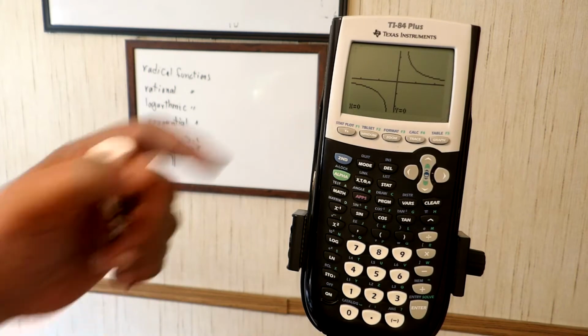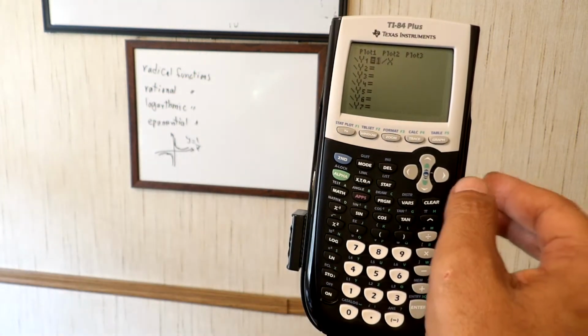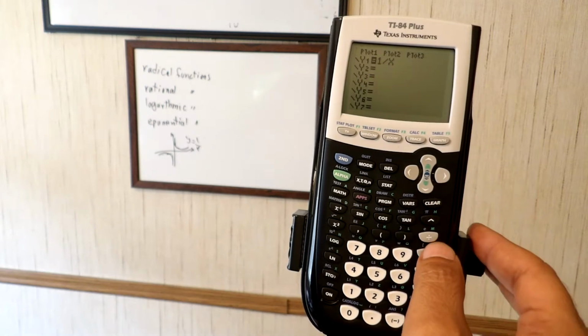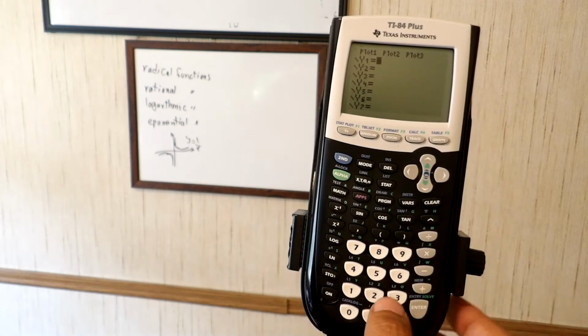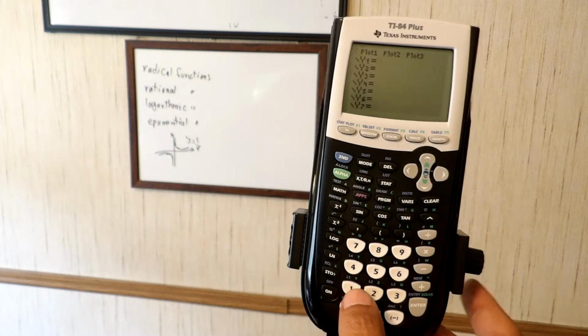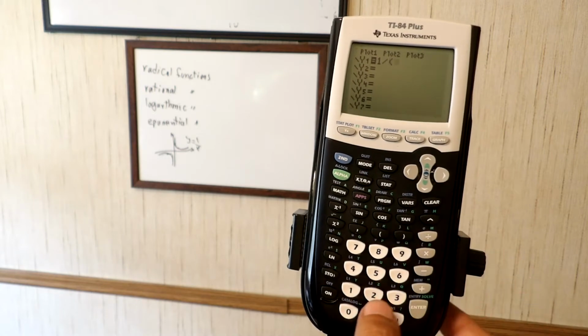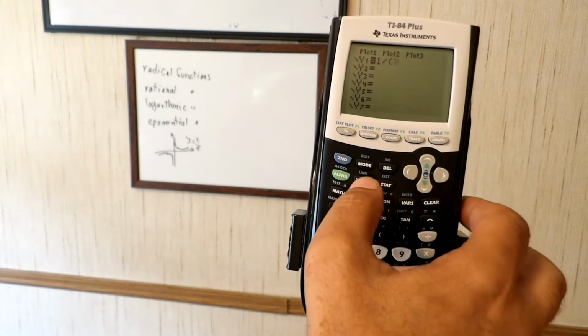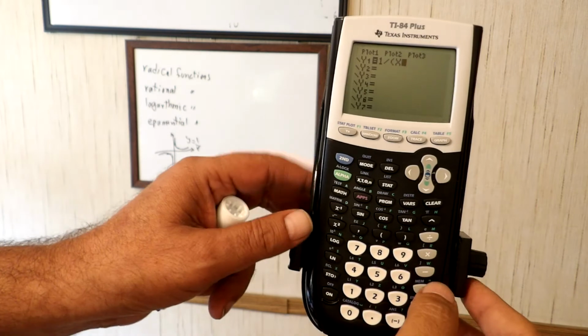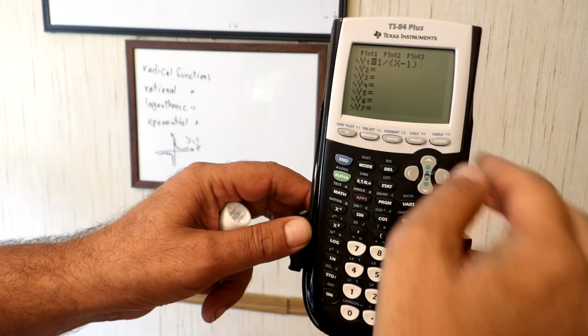So let's find another function, like 1 divided by x minus 1, and then graph.